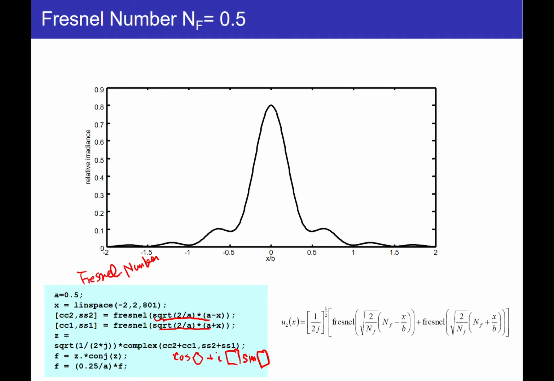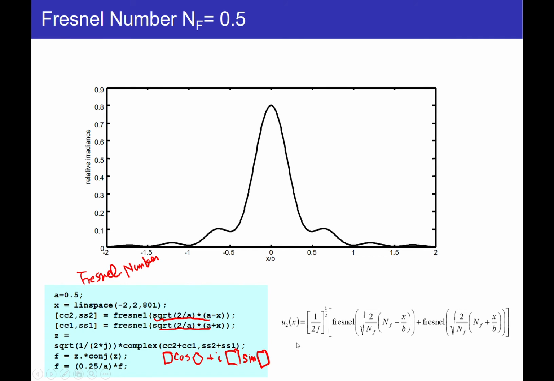Okay, so this is our Fresnel integral. Remember that the Fresnel integral is actually a complex number, and then what we have to do is take Z times the conjugate of Z. That will give you the intensity.